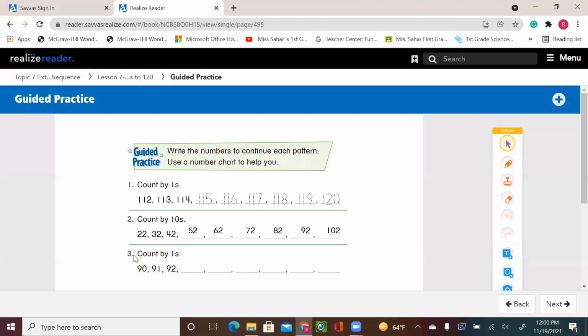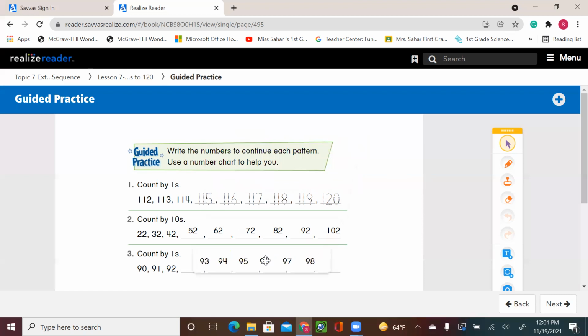All right, let's go. Question number 3, count by ones. So that means I'm going up, increasing my number by 1. So let's see, we have 90, 91, 92. After 92, 93, 94, 95, 96, 97, 98.